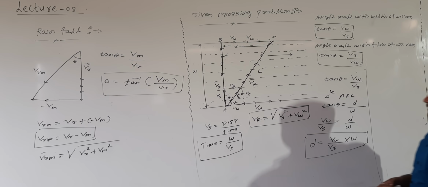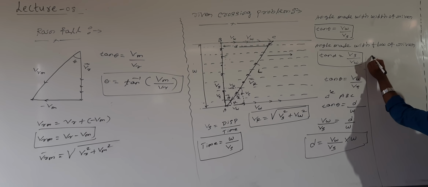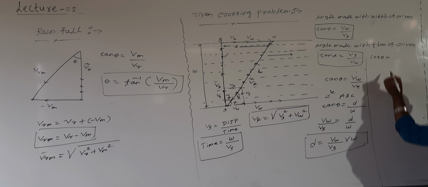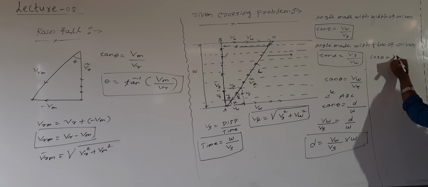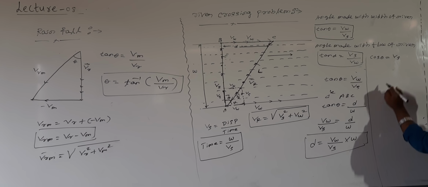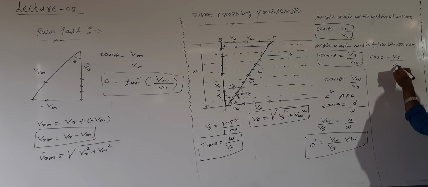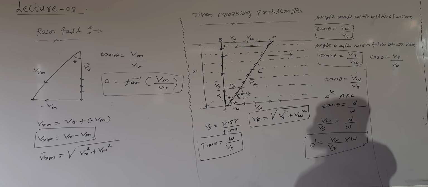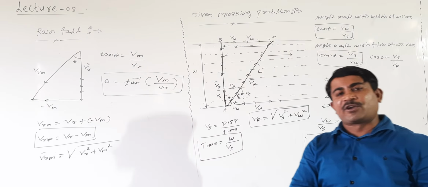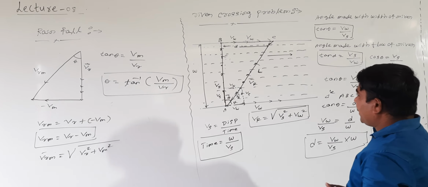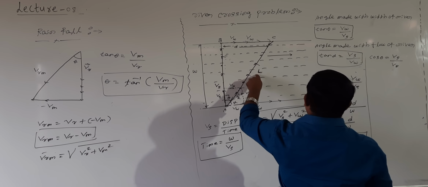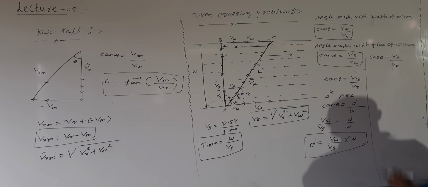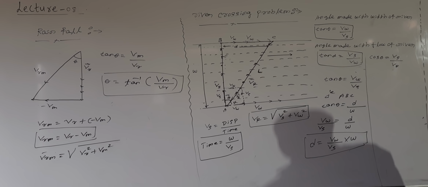Adjacent means Vs. Hypotenuse is VR, the resultant velocity, which corresponds to the longest path L. In terms of velocity, I will take it like this.